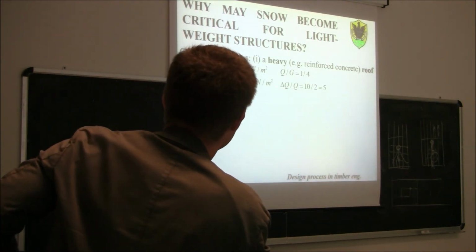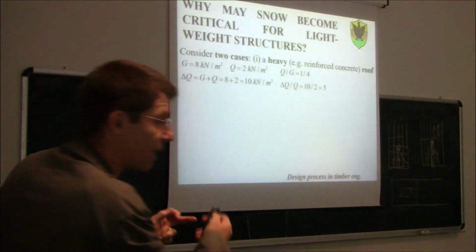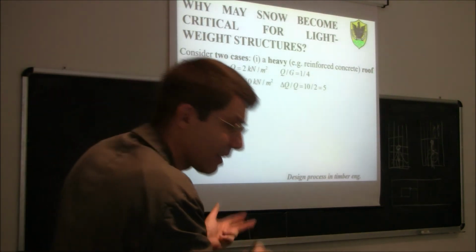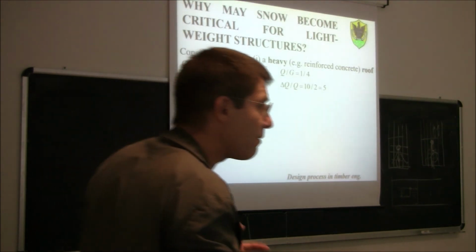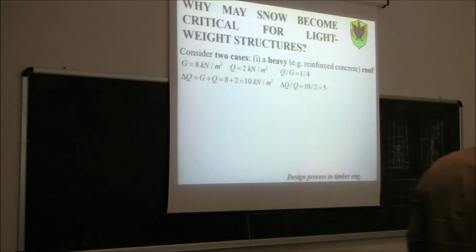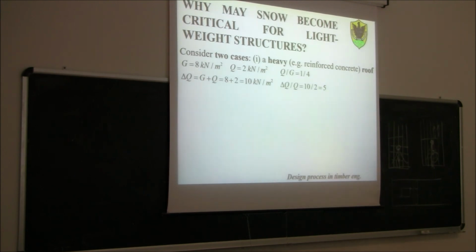So you see, delta Q, the increase in variable load divided by the design value load, is 10 divided by 2, so 5 times. So a heavy reinforced concrete roof can resist up to 5 times the design snow load. And you can understand why, when there is an exceptional snowfall, hardly ever do you have a reinforced concrete floor or roof that collapses due to the snow.